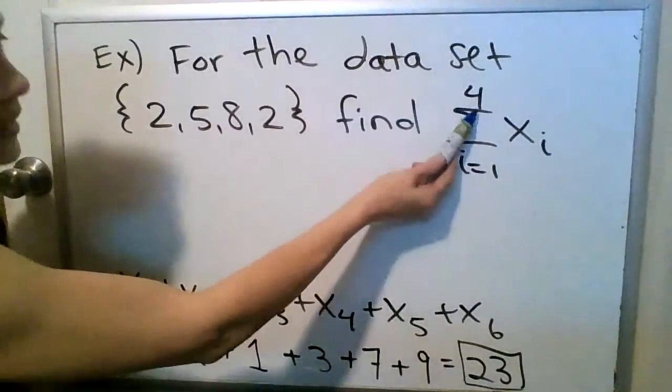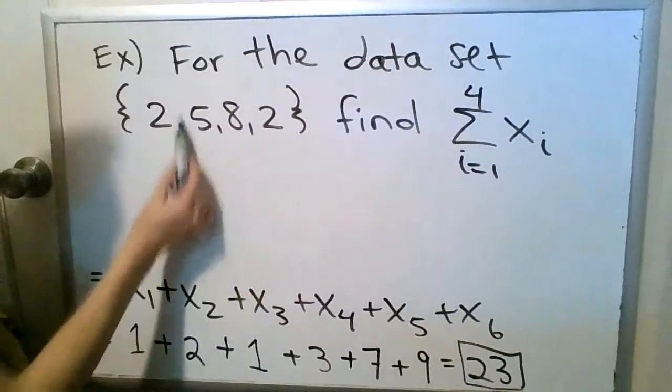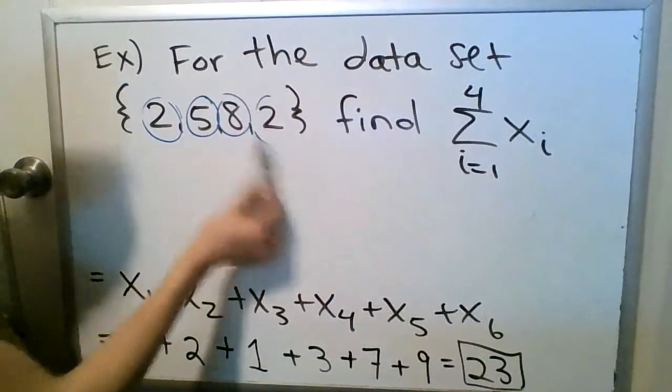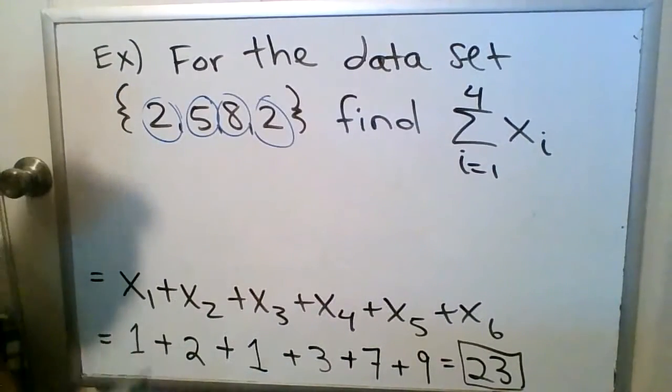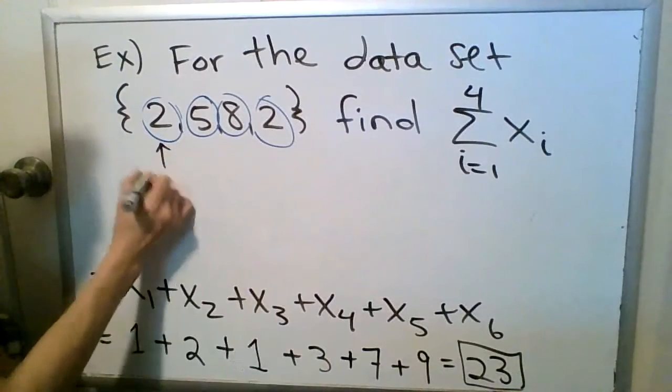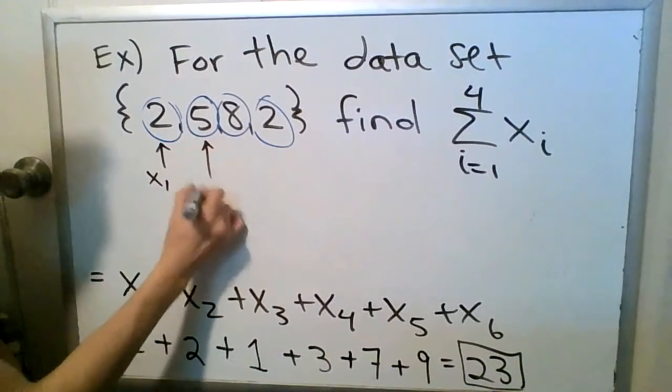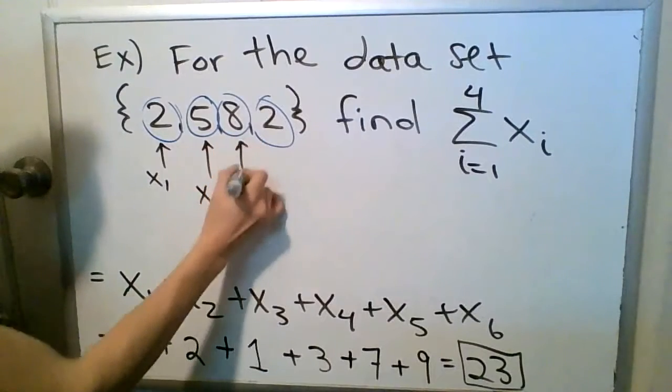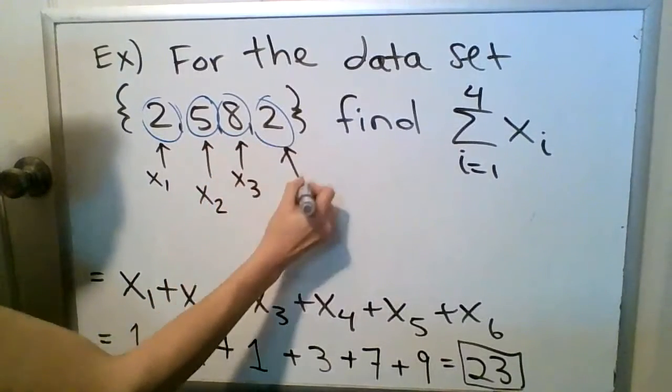So just pointing out that that 4 comes from having 1, 2, 3, 4 elements total. This is x of 1, here is x of 2, x3, x4.